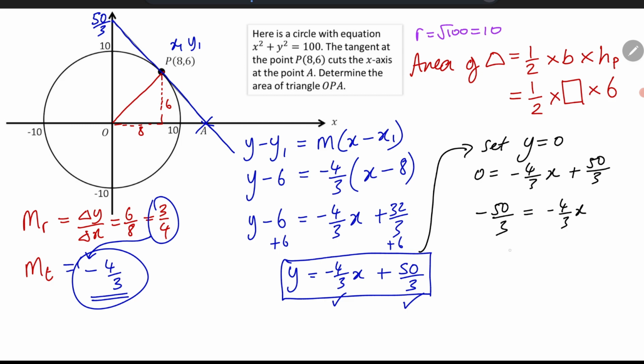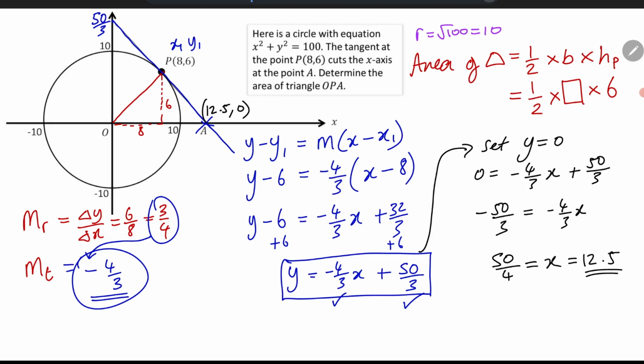Times both sides by negative 1, times both sides by 3, divide both sides by 4, and then you're going to get 50 over 4 is equal to x. Now 50 divided by 2 is 25, 25 divided by 2 is 12.5, so x is equal to 12.5. So that's the coordinate of A, so it's (12.5, 0).